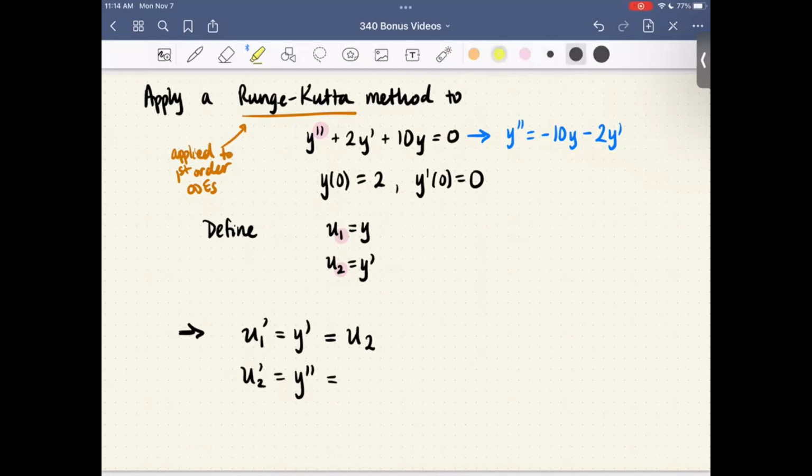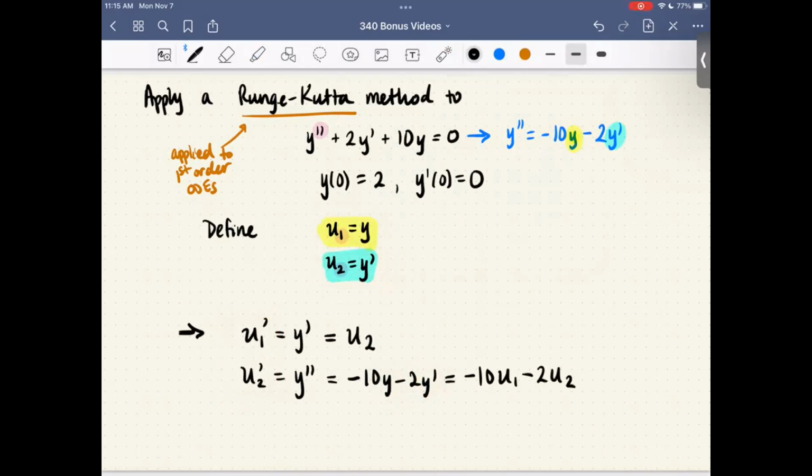And then remember that y is u1 and y prime is u2. But I want my system to be only involving u's. So I'll replace y by u1, and I'll replace y prime by u2.